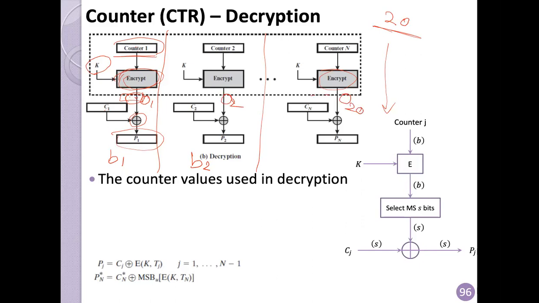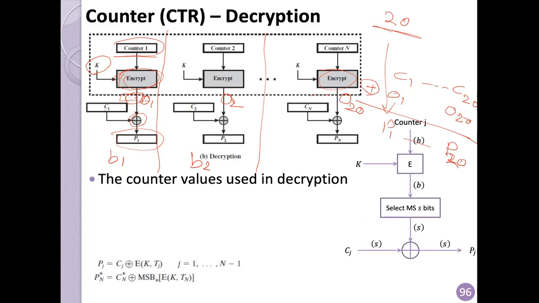I produce all of them ahead of time. The ciphertext is not delivered to me yet, but the moment I receive ciphertext 1 all the way to ciphertext 20, I have output 1 to output 20. I just do the XOR operation in a super fast amount of time, in just 2 cycles of a CPU period. And then I'll get plain text 1 to plain text 20.